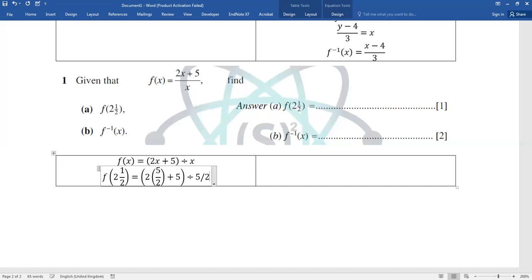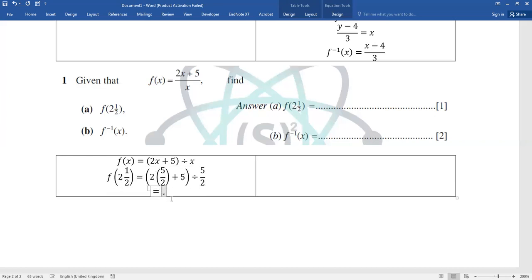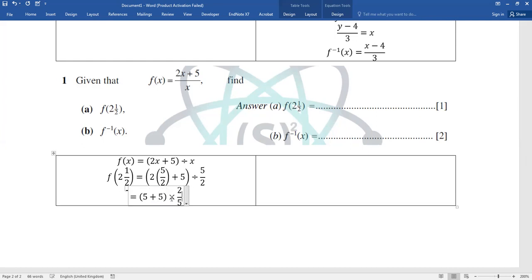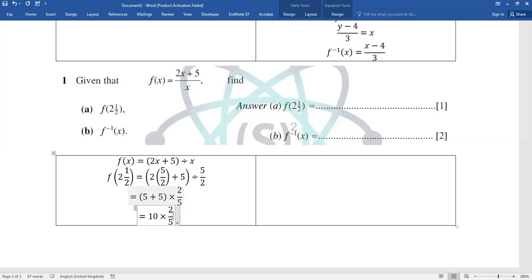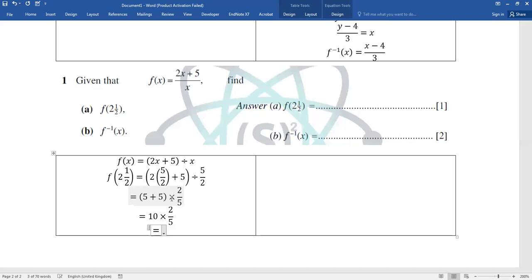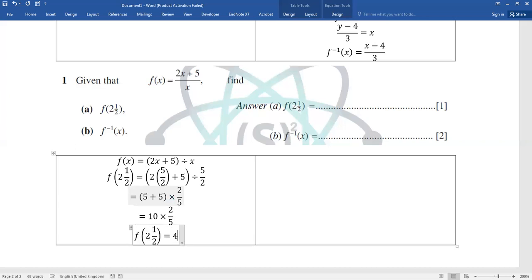Divided by 5/2. So 2 and 2 cancel out. 5 plus 5 multiplied by 2/5. 10 into 2 upon 5. So the answer is 4. Is that right? Yes, sir, this is what I got. Very good, very good.